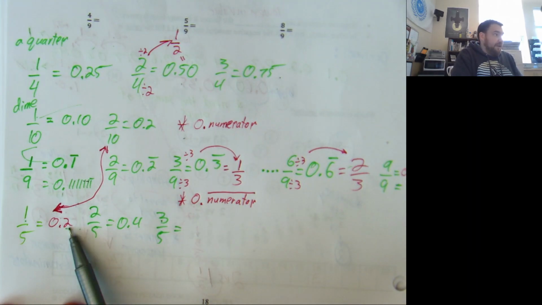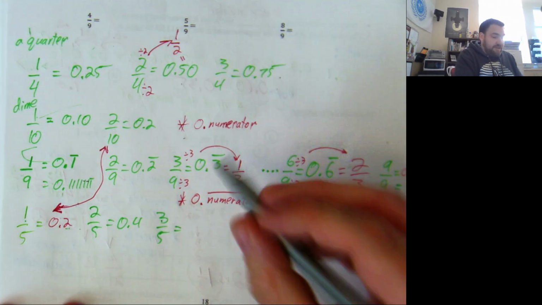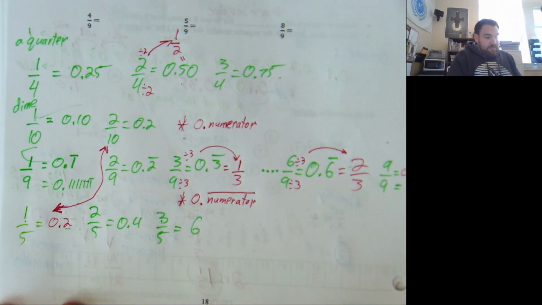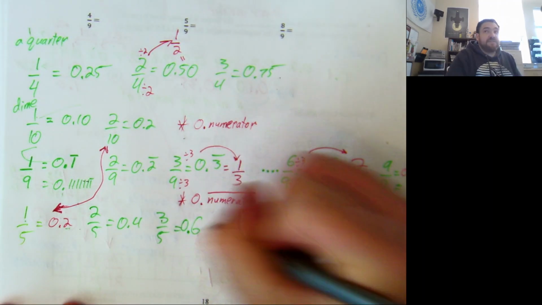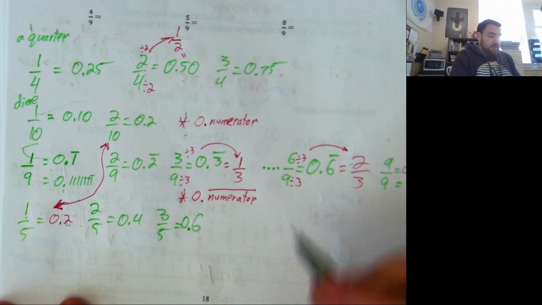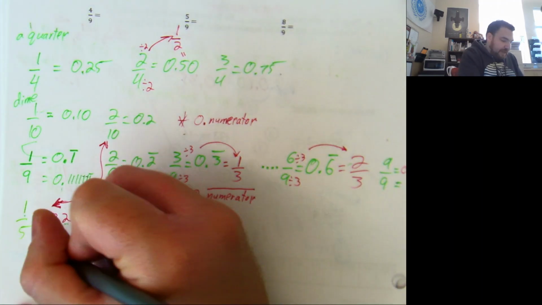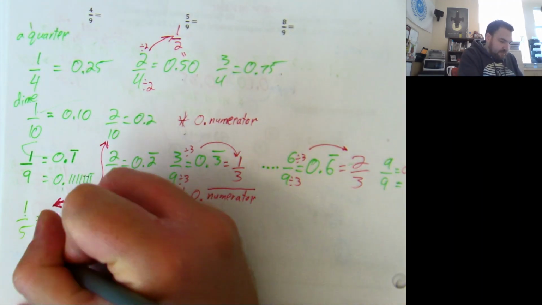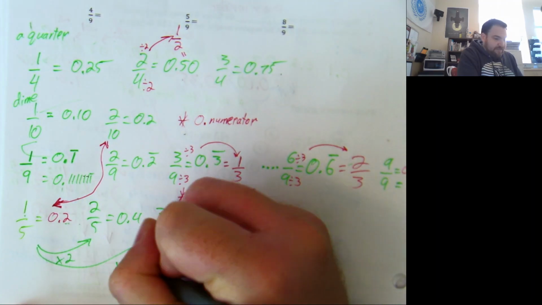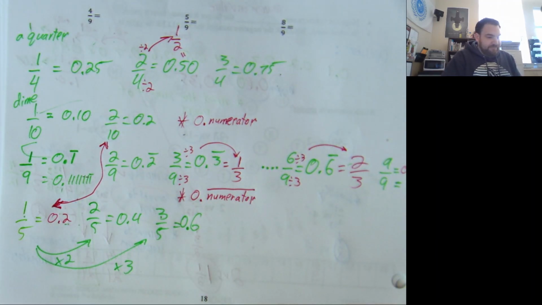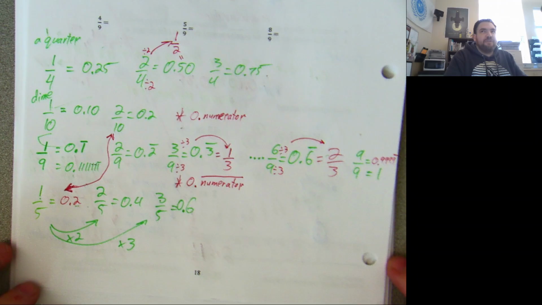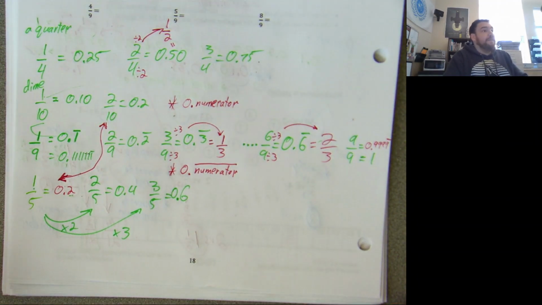So what's 2 times 3? 6. Or 0.6. And that works for all of these. Multiply your way up for all of these. So, for those of you who can crank some of these out in your head, you will always be faster.